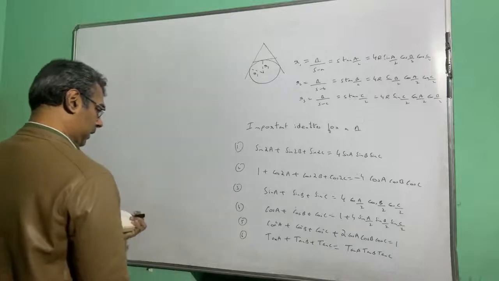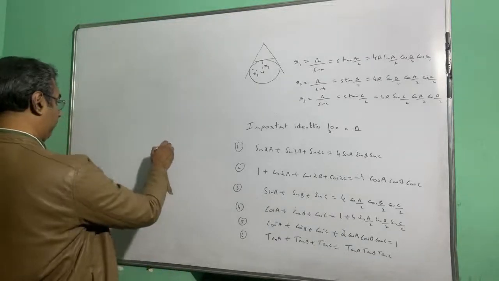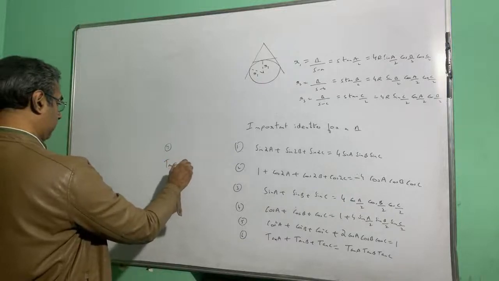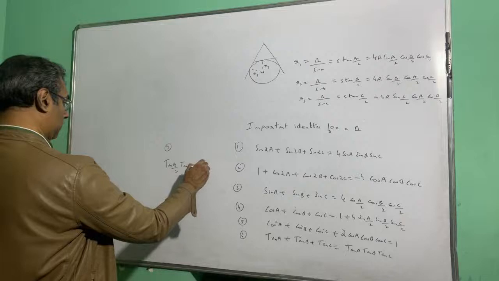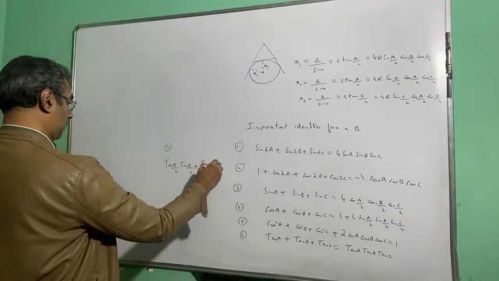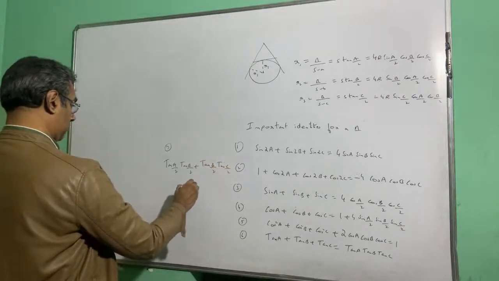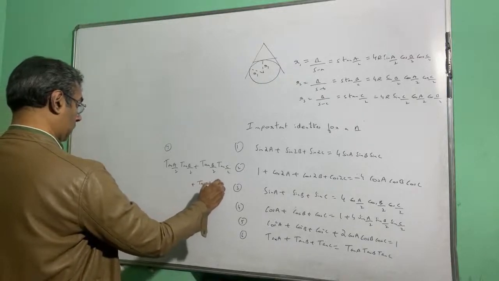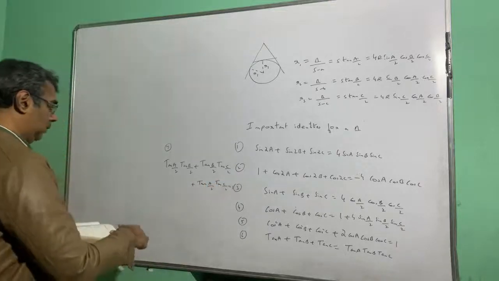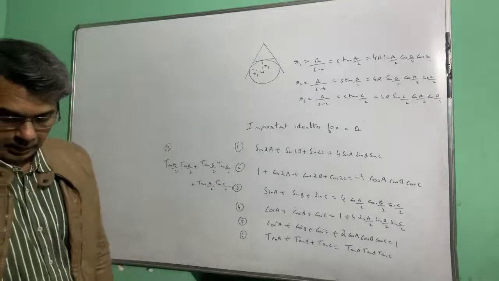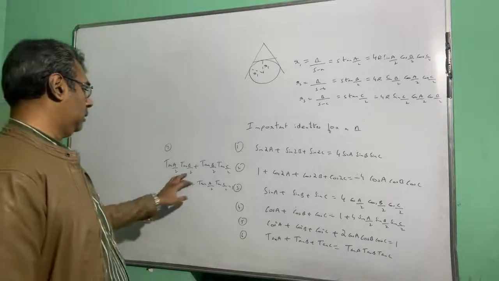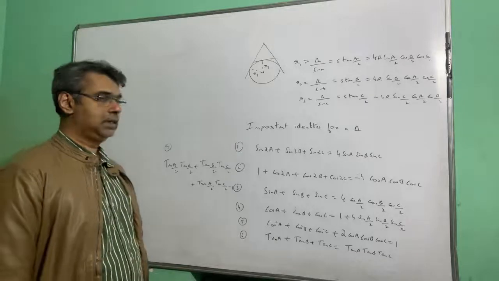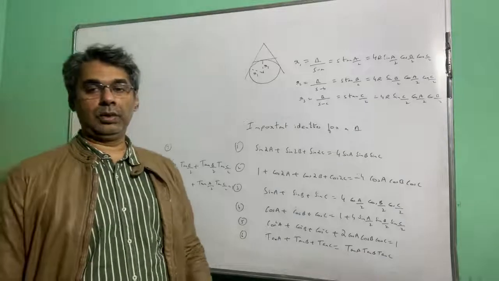So tan A plus tan B plus tan C is tan A tan B tan C. And number 7, tan A by 2 tan B by 2 plus tan B by 2 tan C by 2 plus tan C by 2 tan A by 2 is 1. So these are some important identities only for a triangle.